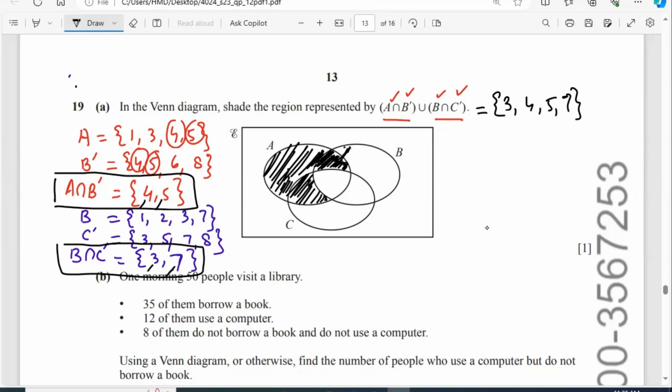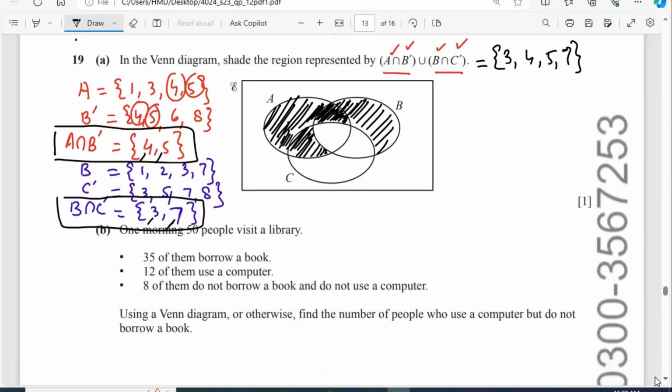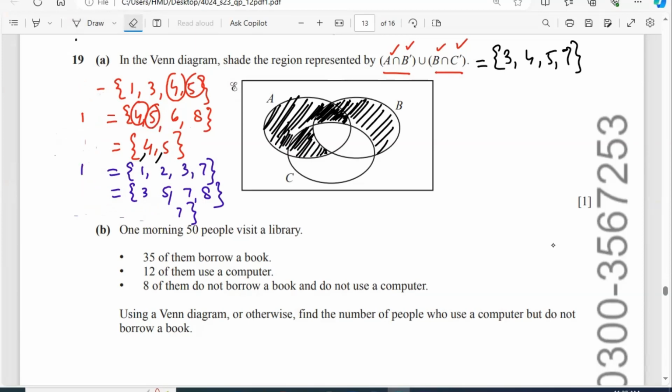Shade these regions: 3, 4, 5, and 7. So now part B. In part B, I'm going to explain part B here. First, I'm going to remove all the working from this part.